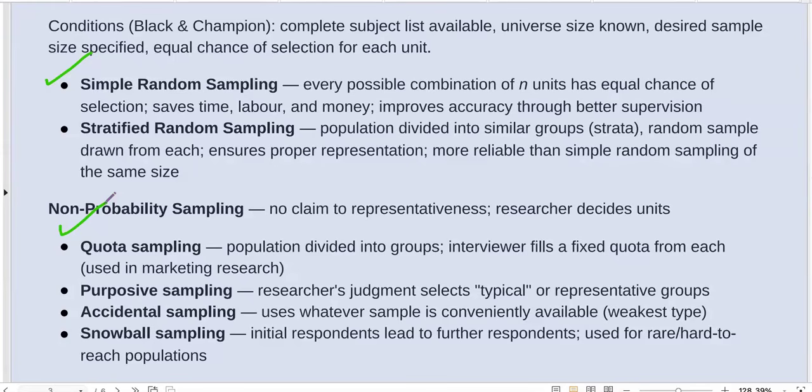Then snowball sampling. This is very important if you want to analyze a group which you are not part of and are not too familiar with. If you want to judge the condition of people who are drug traffickers, smugglers, criminals, or some tribal groups you are totally unaware about, you will go and ask one person, he will give you details about another person, and like a snowball, you go from one person to another.